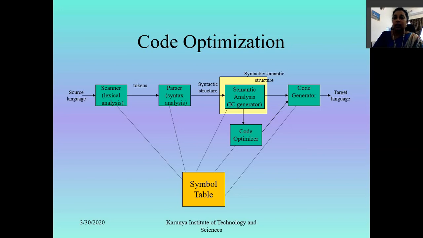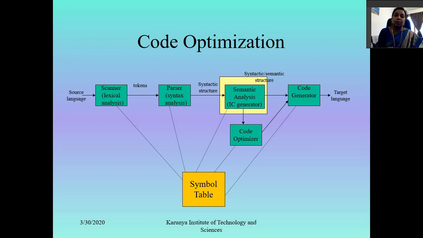The next one is the code optimizer. The code optimizer mostly works with the intermediate code, and sometimes with the code generation phase also.